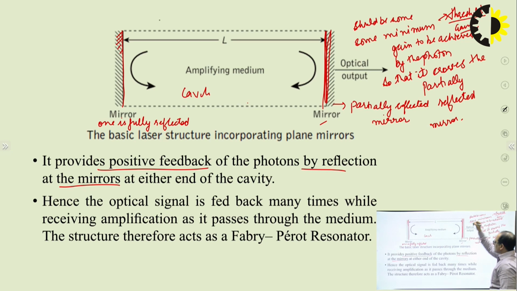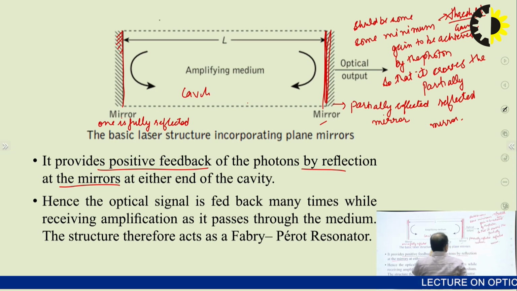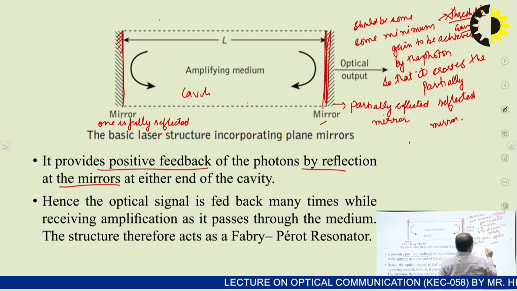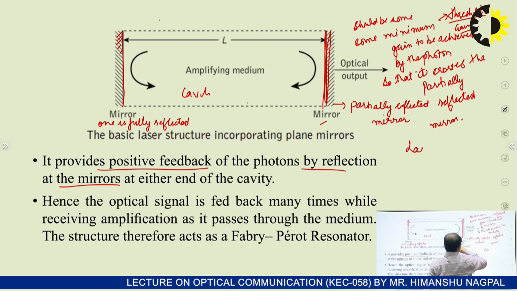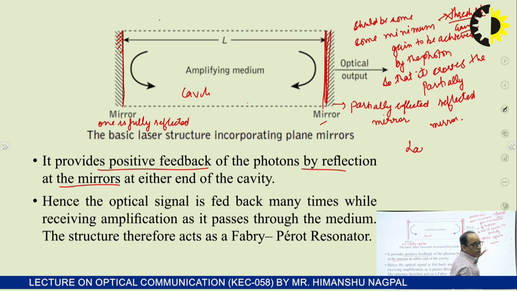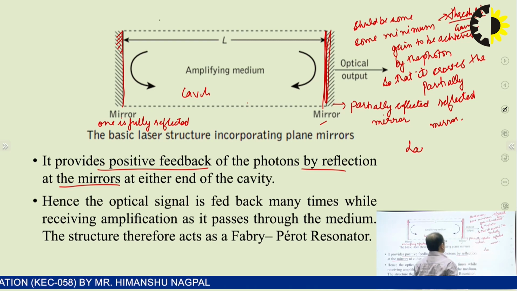So we'll talk about what the threshold gain of the photon should be so that a photon is produced from the laser cavity.